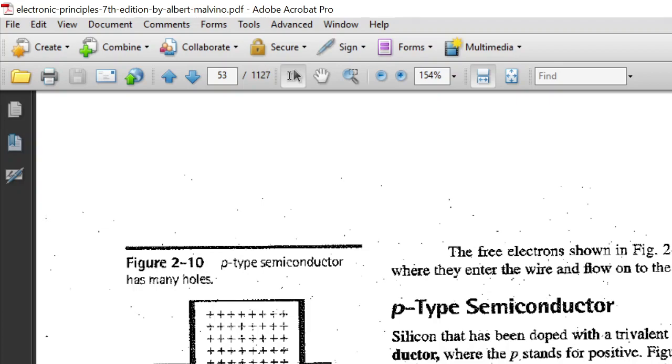Number of holes getting increased gives rise to p-type extrinsic semiconductor. We don't need to mention the term extrinsic anymore, just n-type and p-type. And when it becomes an n-type or p-type semiconductor, it increases the conductivity, so it moves from being an insulator to a conductor.